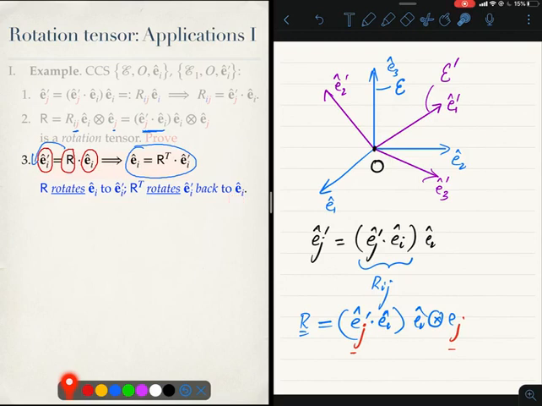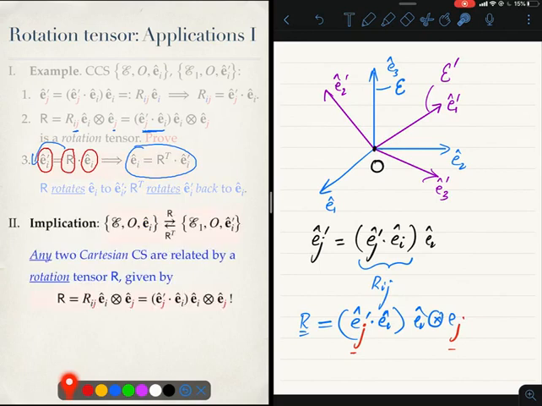Okay, so that's a rotation tensor. Given any two coordinate systems, as we will see, we can find a rotation tensor to relate them. That's what I am saying in the implication. I give you any two coordinate systems, as long as they are Cartesian, I can find a rotation tensor given by this explicit formula, which takes the first Cartesian coordinate system to the other and brings it back.